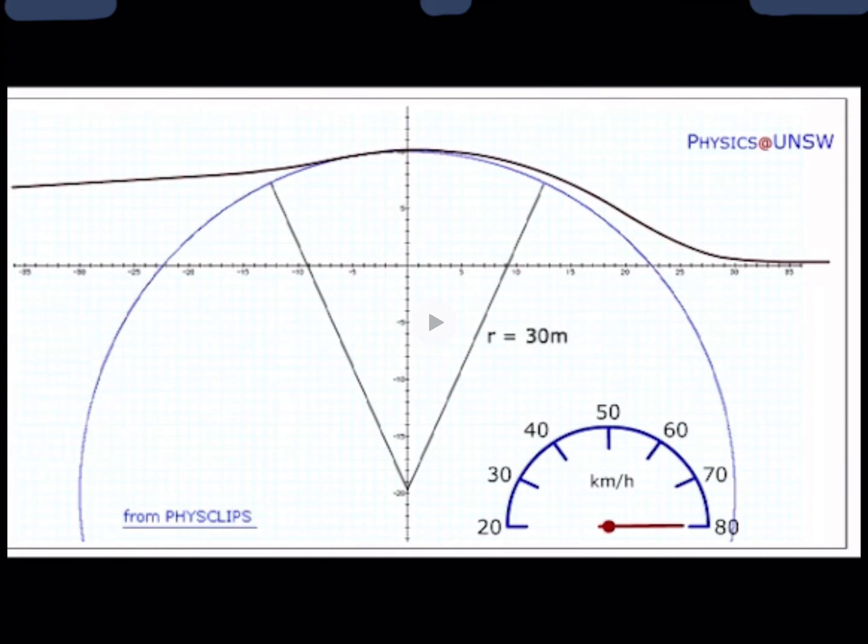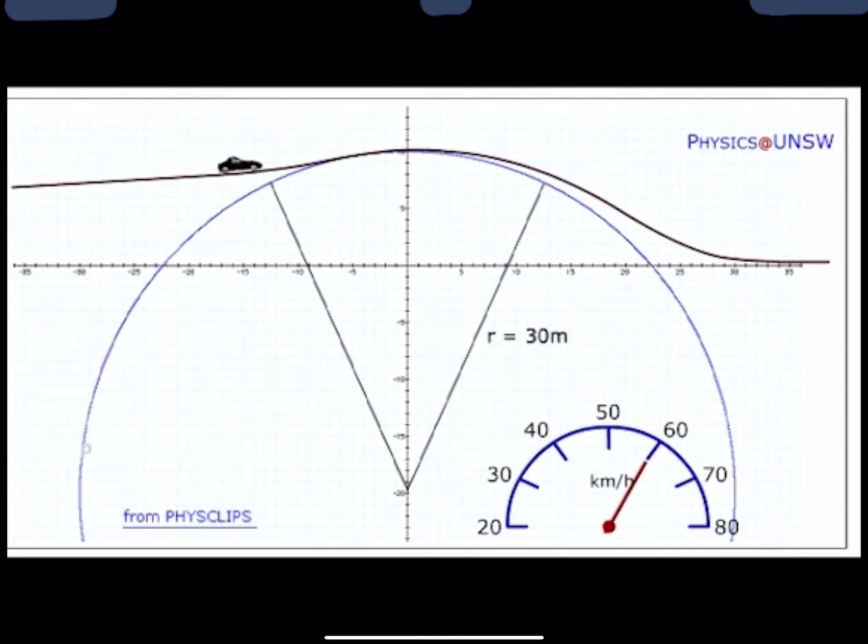And this is very important to understand: if you are moving on the top, or over the top of the track, then you will have a certain minimum velocity. Beyond this velocity, the problem will be that the car or the vehicle will not be in contact with the road.